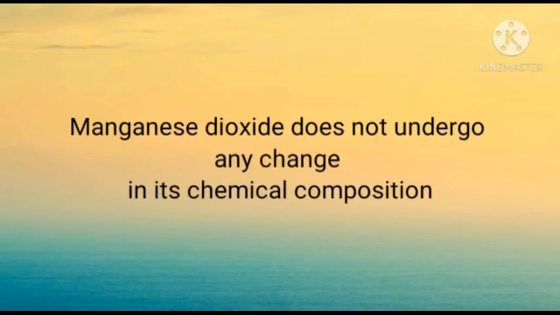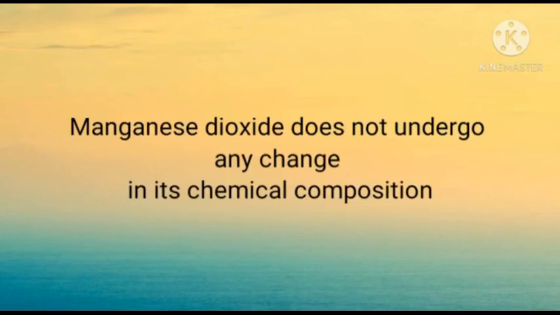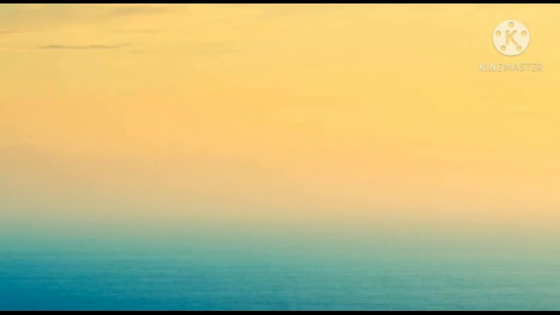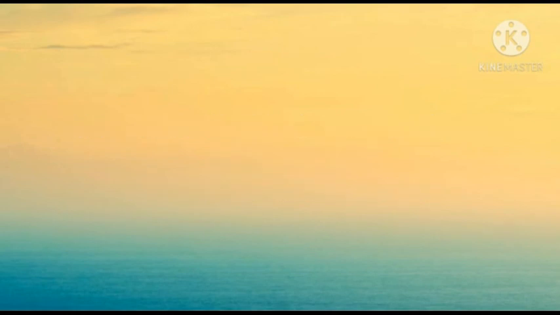Only it speeds up or slows down the rate of the reaction. Always remember, catalyst does not undergo any chemical change. So students, now you have cleared the concept of this catalyst.